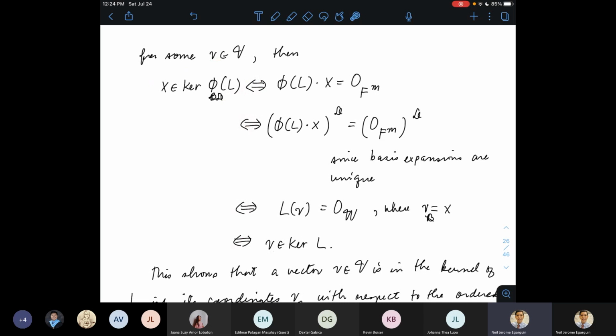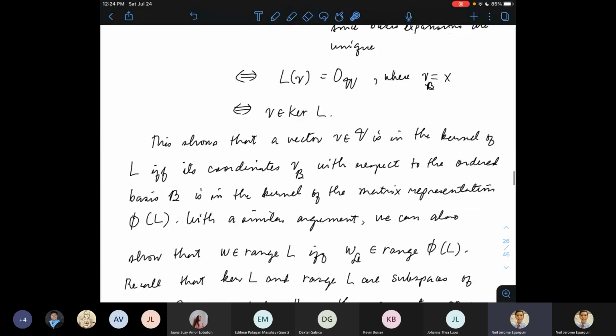So this series of biconditionals also implies that if we have a V in the kernel of L, then X must also be in the kernel of the matrix representation, where, of course, your X is the set of coordinates for V. Okay, this shows that the kernel of a linear map and its matrix representative are isomorphic to each other. So they are complete disguises of each other's kernel elements.